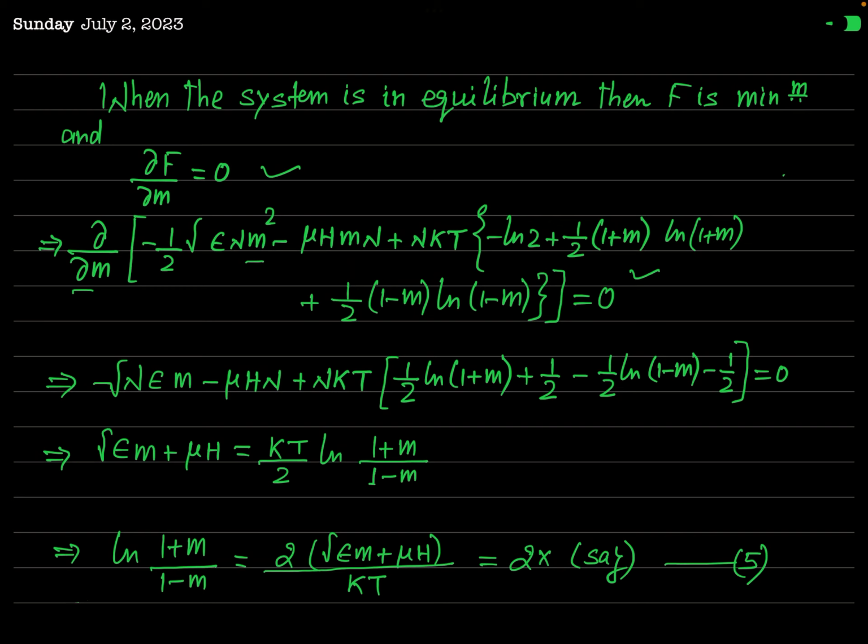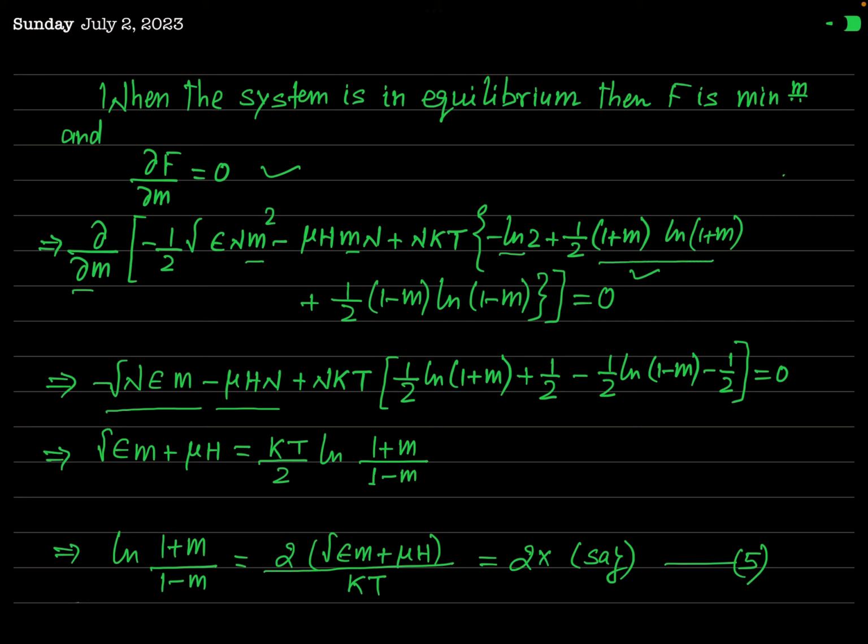So the first term will be minus gamma N epsilon m. In the second term there is m, so del m by del m will be 1. So the second term remains minus mu H N. Then NkT log 2 is a constant term, so its derivative is 0, so it is removed from here. And now we will differentiate with respect to m the last two terms.